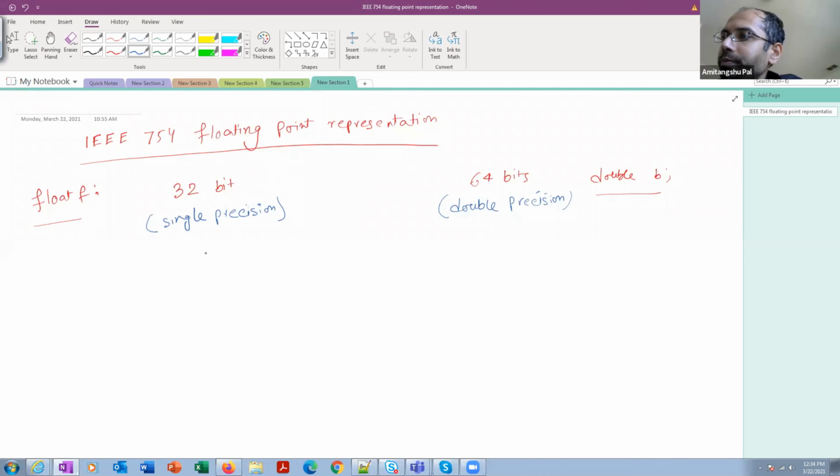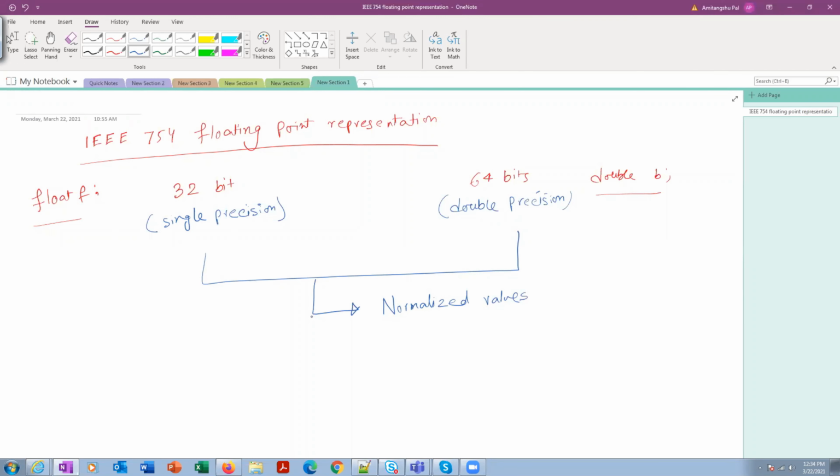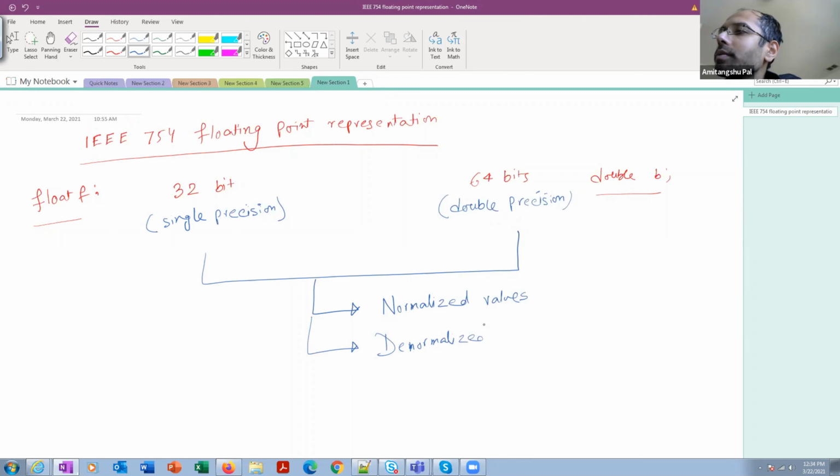And in both cases, we are going to learn how to represent normalized values, or how to represent a floating point number in normalized mode as well as denormalized mode, and what numbers are represented using normalized mode and what numbers can be represented using denormalized mode.